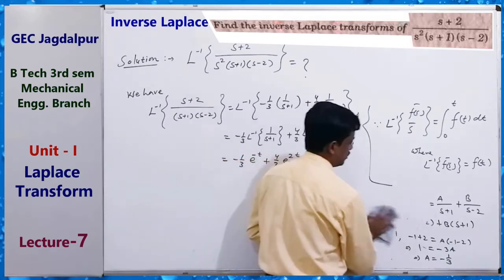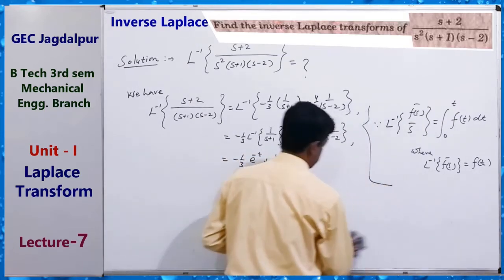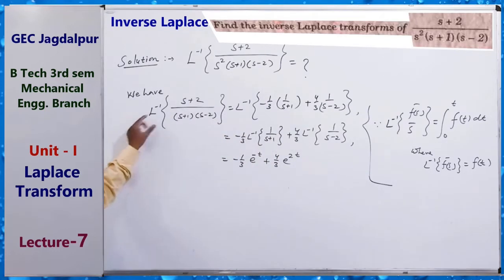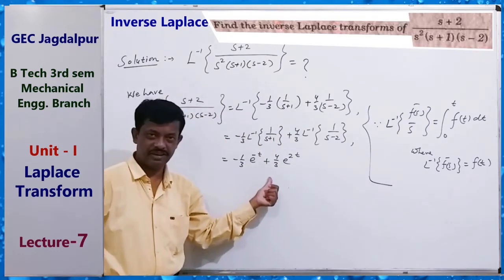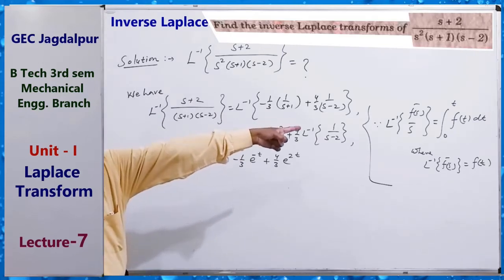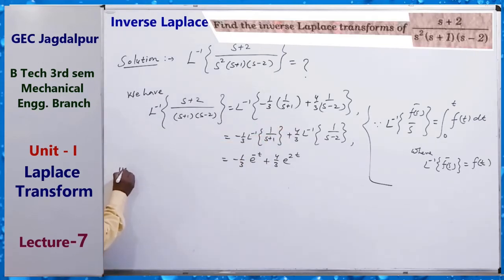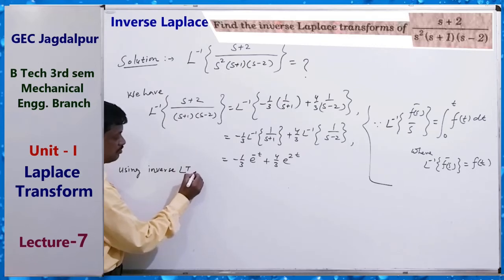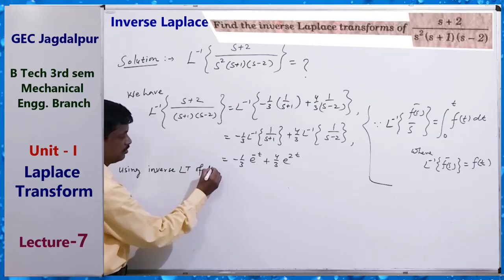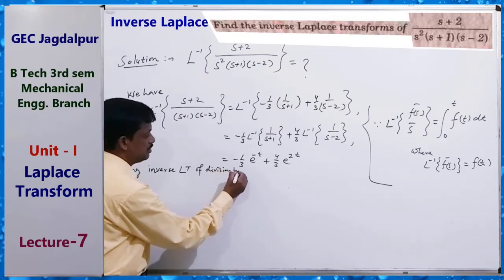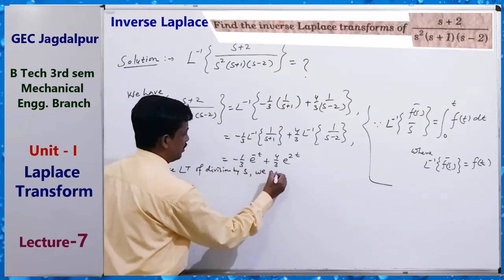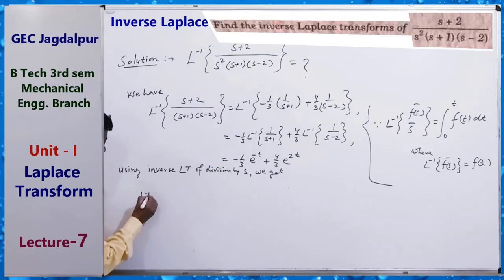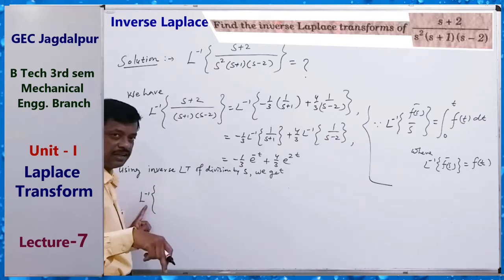So we use partial fraction and L inverse of F(s) equals f(t). Now by using the formula for inverse Laplace transform of division by s, we get the inverse Laplace transform of F(s) by s.